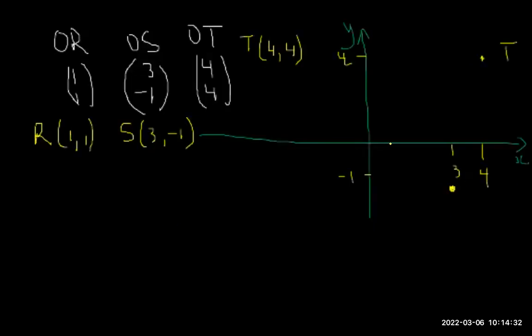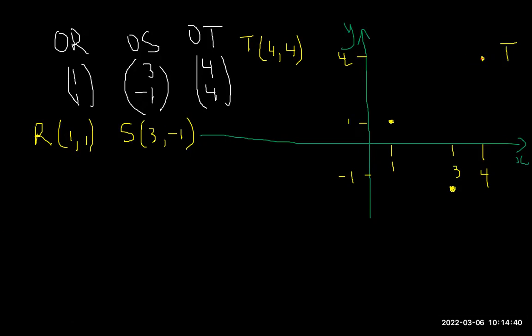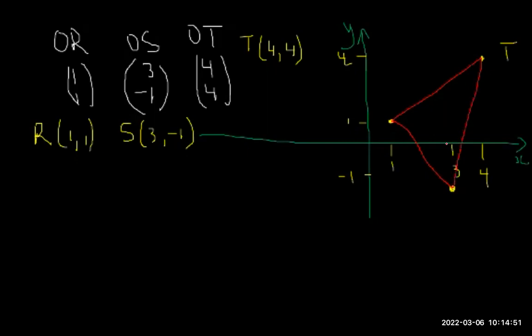Then R, 1, 1. So it's around here, right? So if I connect these dots, this is what my triangle looks like.